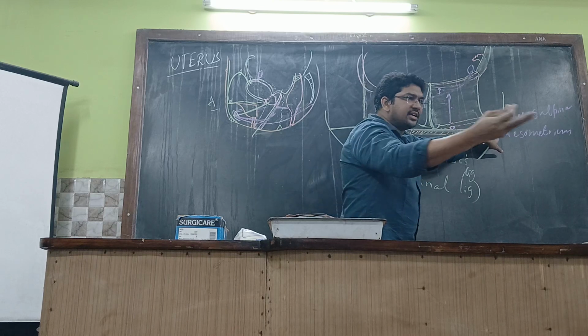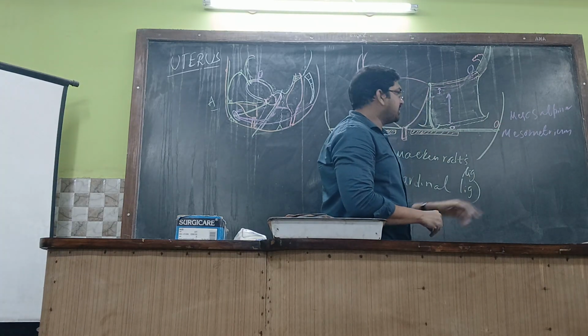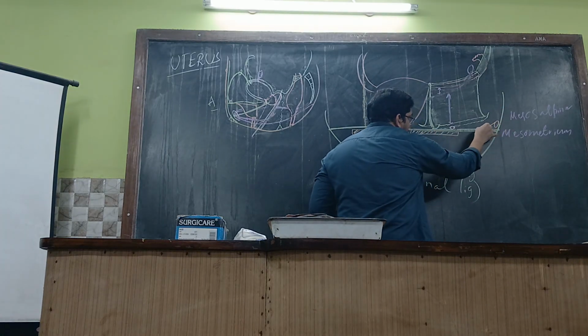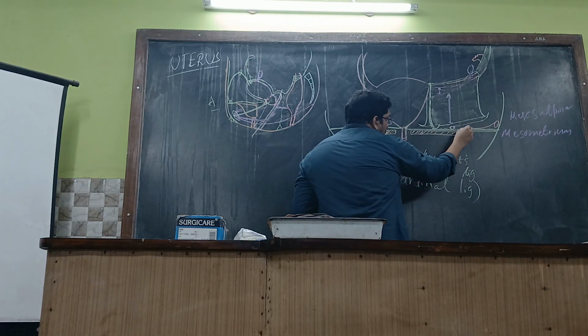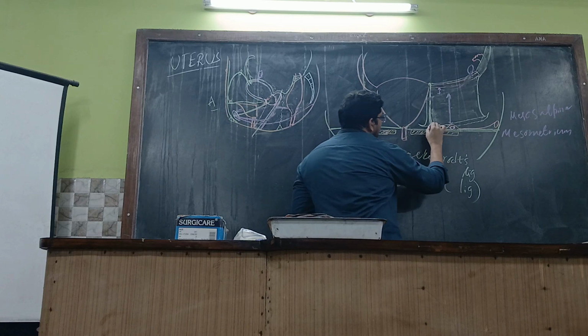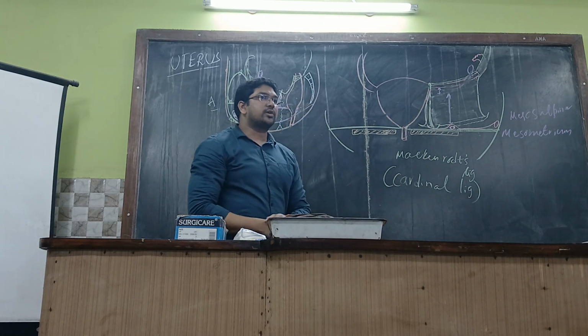Anterior division of internal iliac artery. So this is the anterior division of the internal iliac artery, for example, lying over the lateral pelvic wall. That is giving rise to a uterine artery that will go all the way from lateral to medial aspect and goes above the ureter and enters into the two layers of the broad ligament just lateral to the lateral border of the uterus over here.